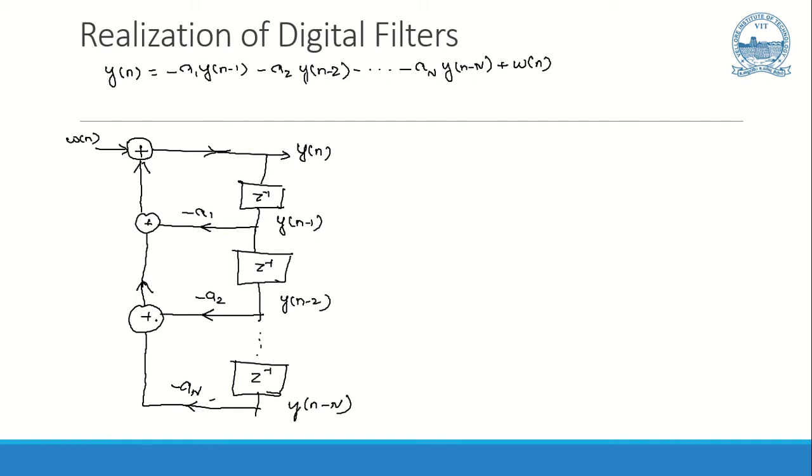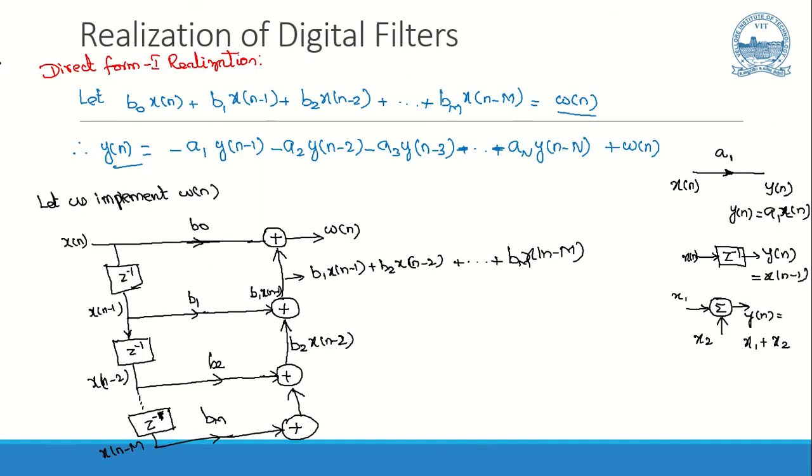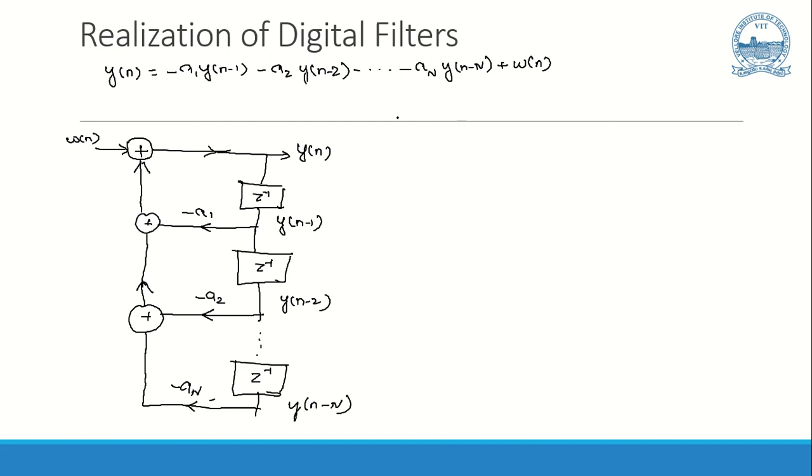Okay. The next step we need to do is combine both the implementation of this w of n and this y of n. These things should be combined. How is it done?